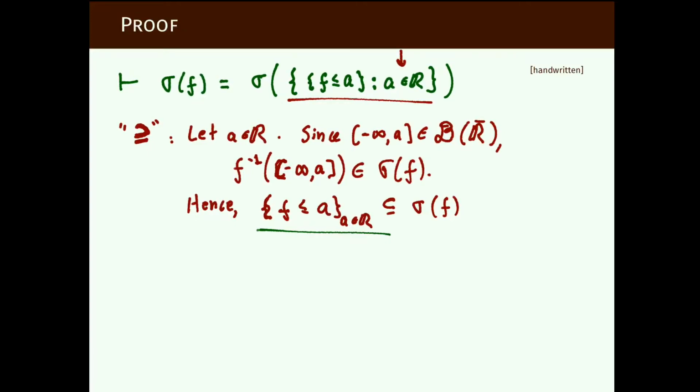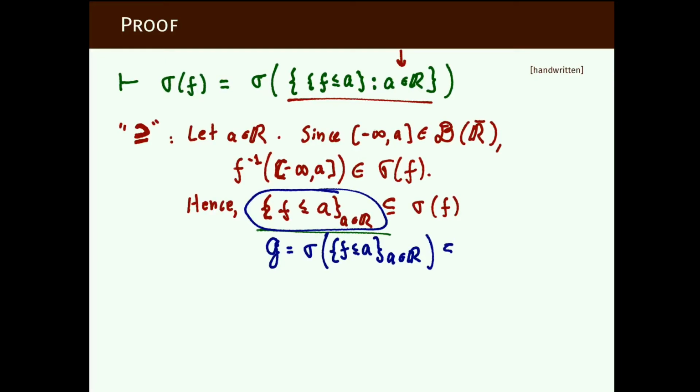And so if we define G to be the sigma algebra generated by all this class of sets, this is still contained in the sigma algebra generated by f, because, as an exercise from chapter 2, if a family is contained in a certain sigma algebra, then the sigma algebra generated by that family is also contained in it. And this gives us what we were trying to prove, which is the inclusion in this direction.